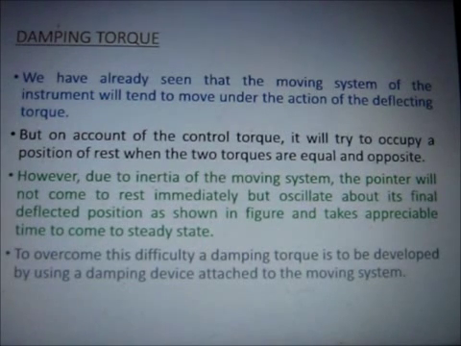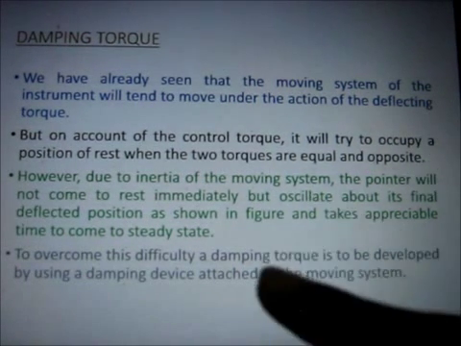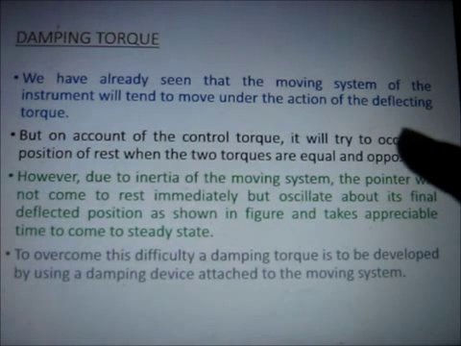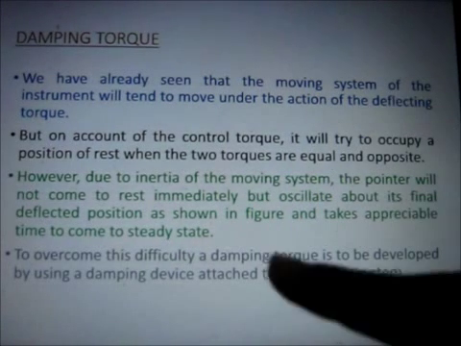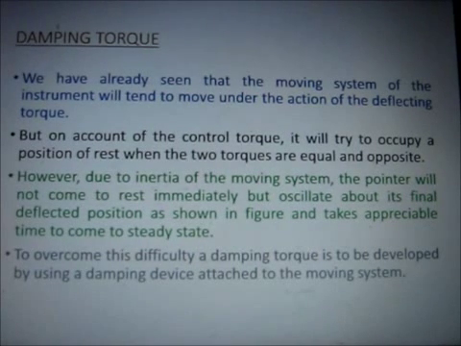However, due to inertia of the moving system, the pointer will not come to rest immediately but oscillate about its final deflection. The pointer will go from one point to another, but due to inertia it may not come to the original position as quickly as possible.